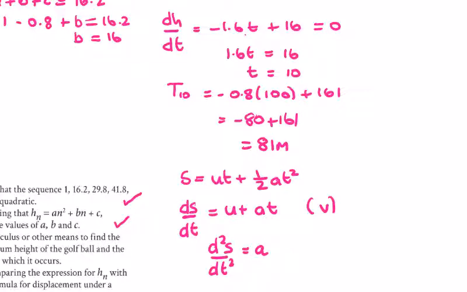So we just need to differentiate our h twice. So d2h/dt2 is going to be minus 1.6, which is acceleration. So ms to the minus 2 is what acceleration is here.